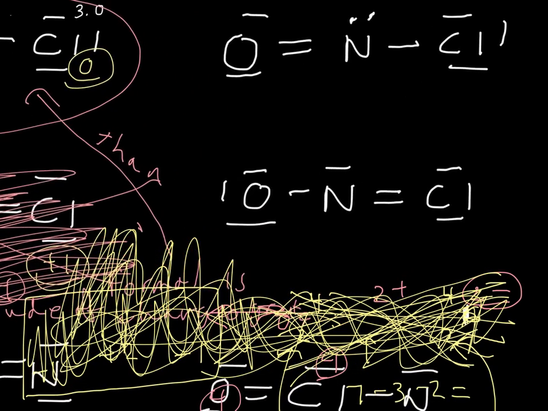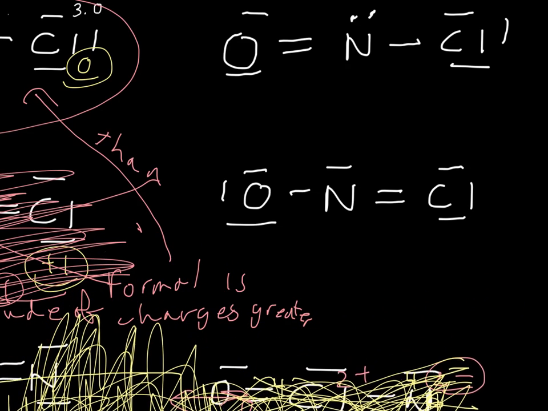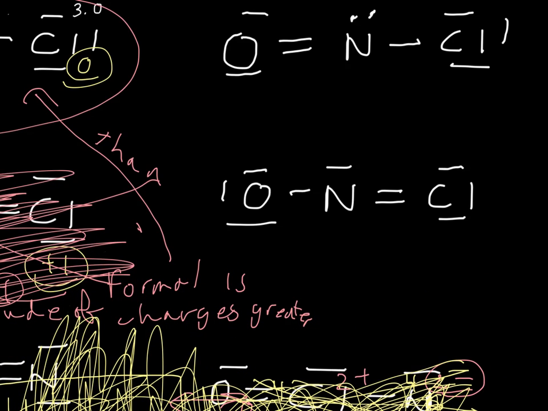All right, so we need to determine the formal charges for the atoms in this structure. Our oxygen here, 6 valence electrons, 2 bonds, 4 lone electrons, formal charge of 0. This Lewis structure right here, nitrogen has 5 valence electrons, it's participating in 3 bonds, and it has 2 lone electrons.